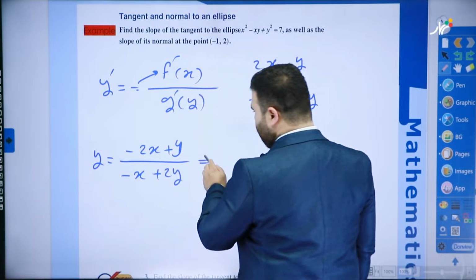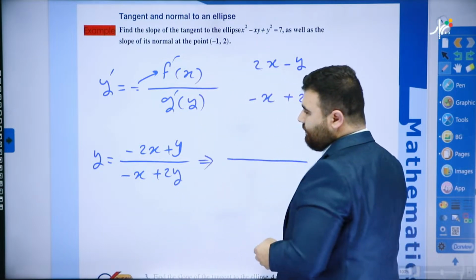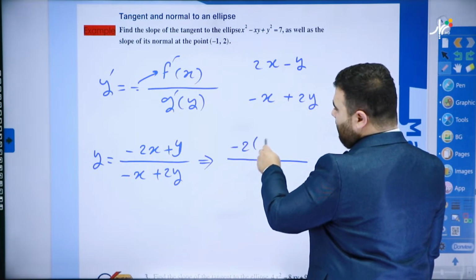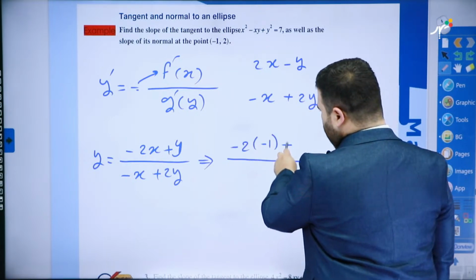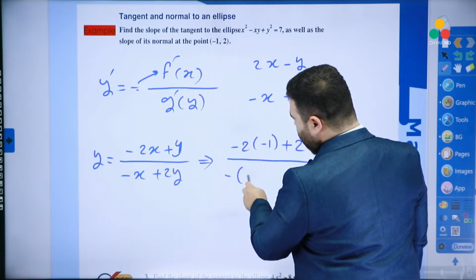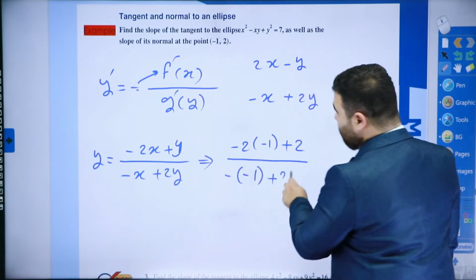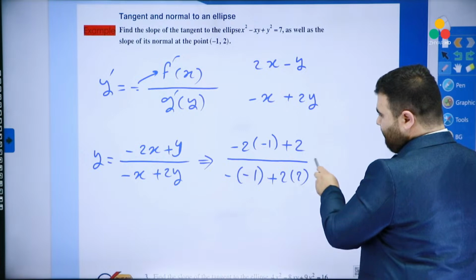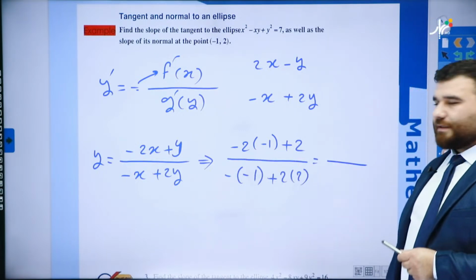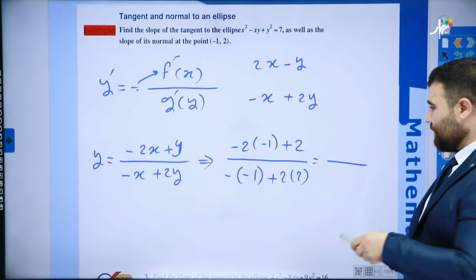Now replacing the values of x and y, let's see what we get. x is negative 1, so negative 2 times negative 1 plus 2, over negative 1 plus 2 times 2. Simplify it more. Negative 2 times negative 1 is positive 2, plus 2 is 4.